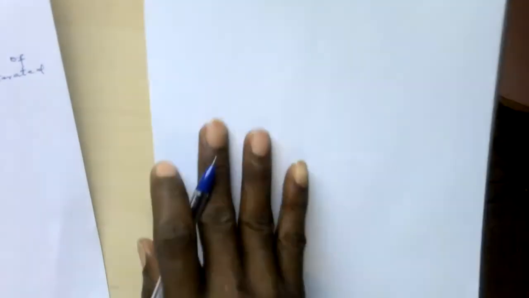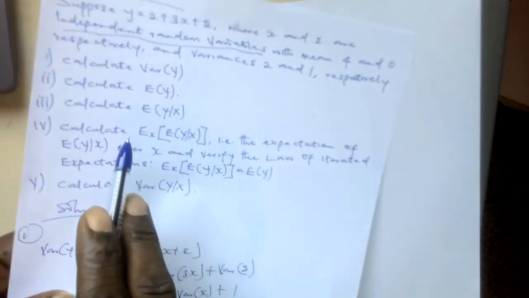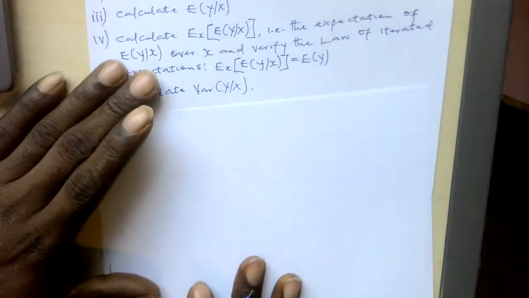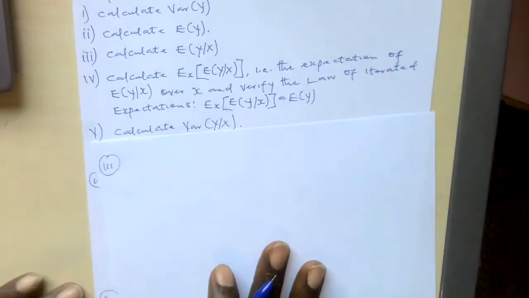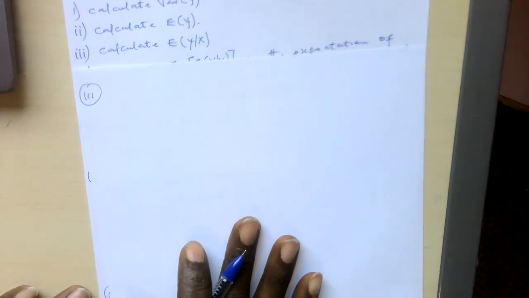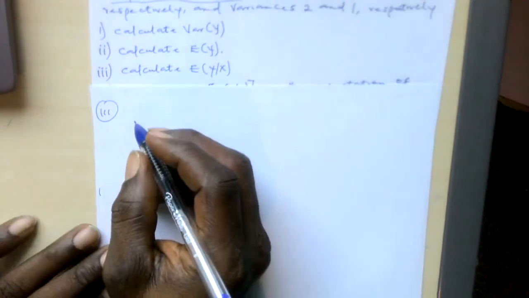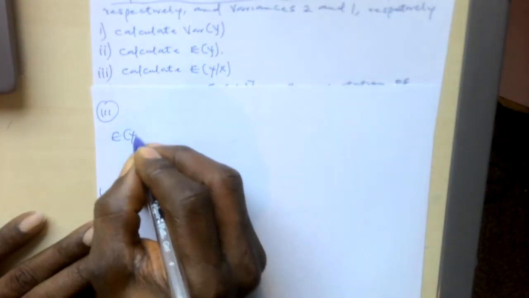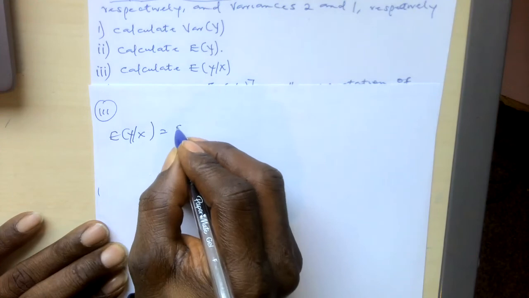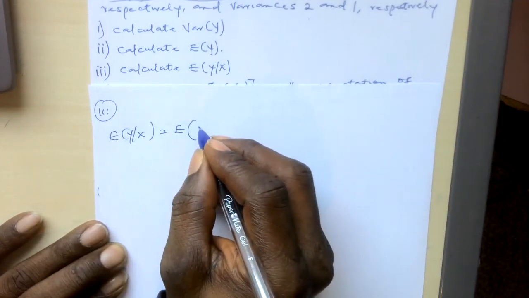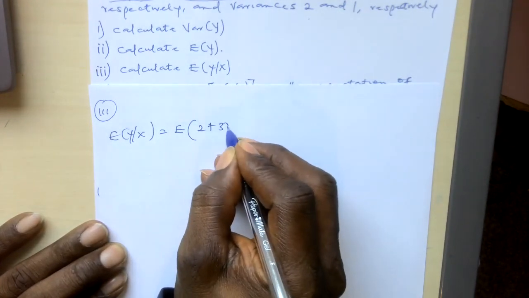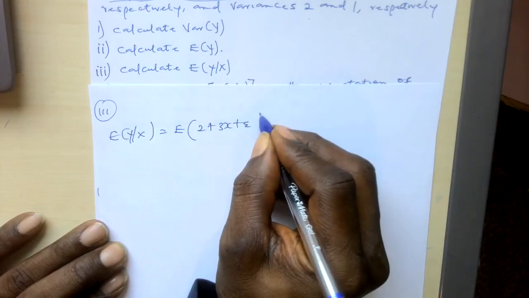Now, the third part, right? Calculate the expected value of y given x. So for that, we have the expected value of y, where y is 2 plus 3x plus error, all given x.